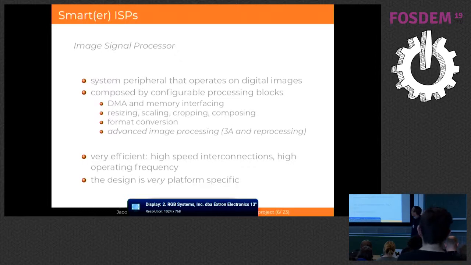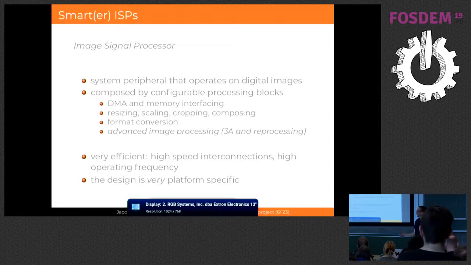What's an ISP? An ISP is an image signal processor, which is nothing but a set of digital processing blocks that performs transformation of images. It's composed of configurable blocks, so you can create a pipeline of transformations that does different kinds of transformations.